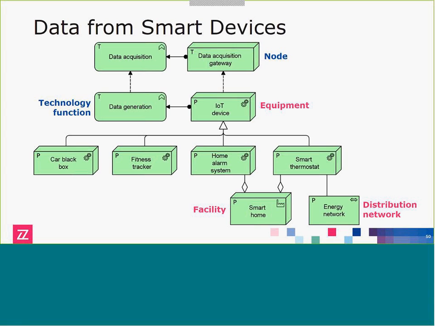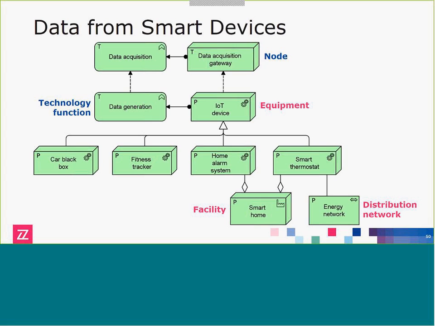All these devices feed data into that gateway, so they generate the data from the equipment, and this is acquired by this acquisition. Here we see some examples of these devices: black boxes in cars, fitness trackers, your alarm system, or your smart thermostat. The last two are in this case part of a larger facility, your smart home.